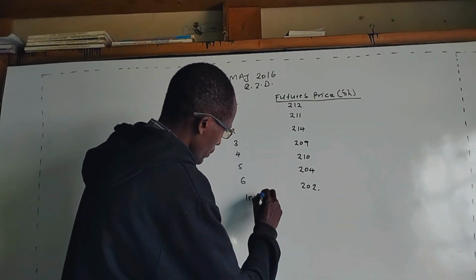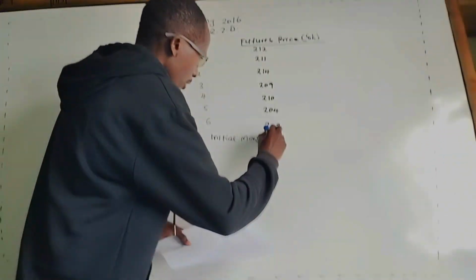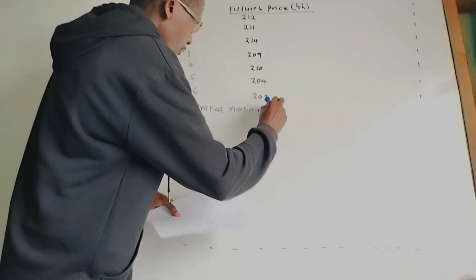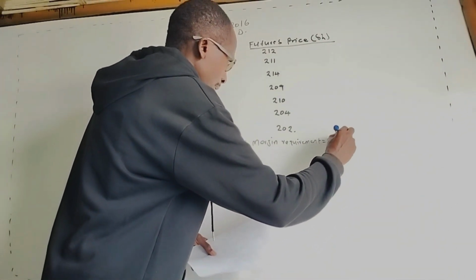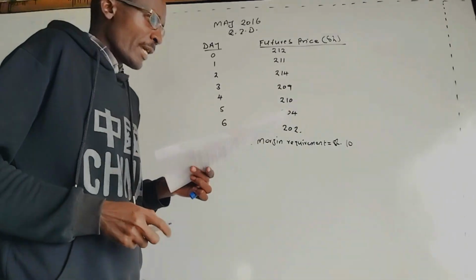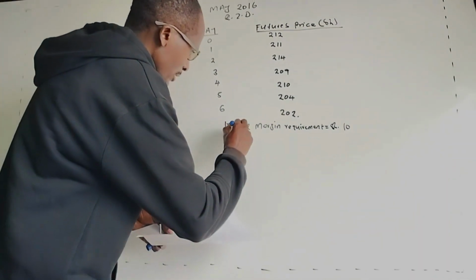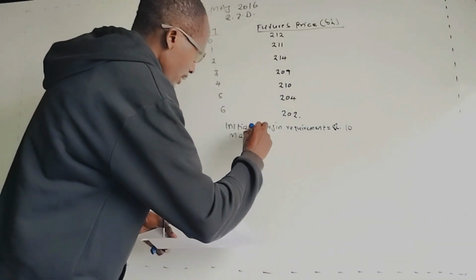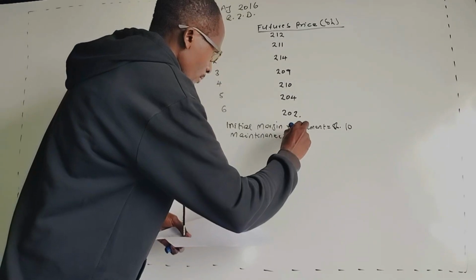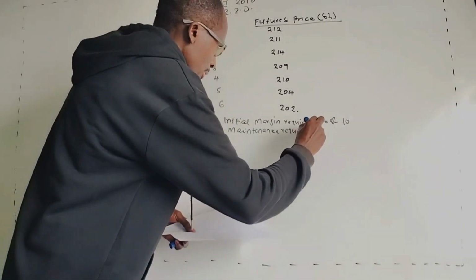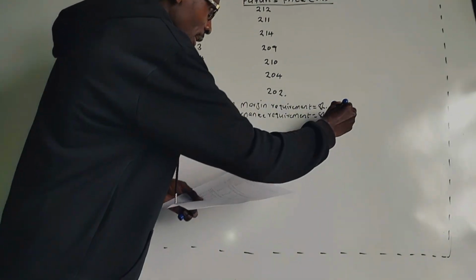Initial margin requirement is shillings 10, and the maintenance requirement is shillings 8. We have maintenance requirement. Maintenance requirement is shillings 8.